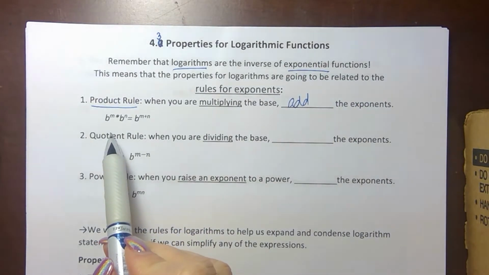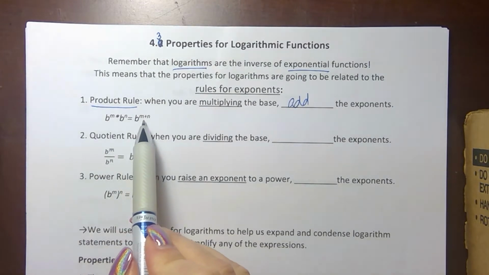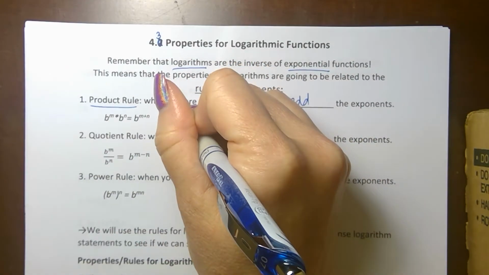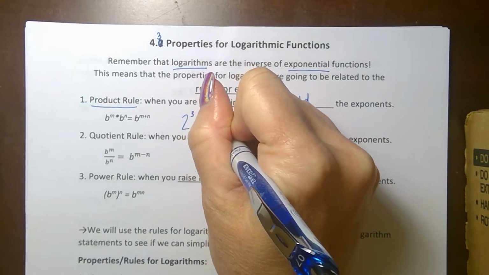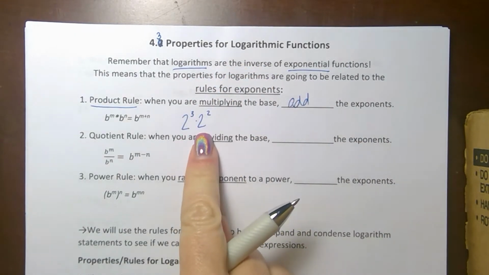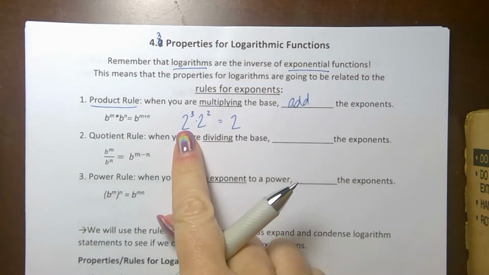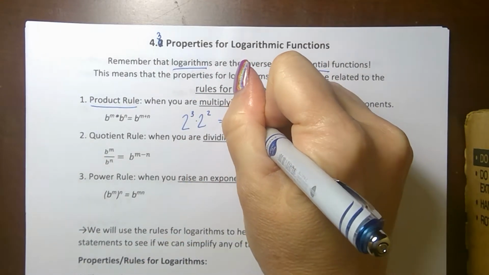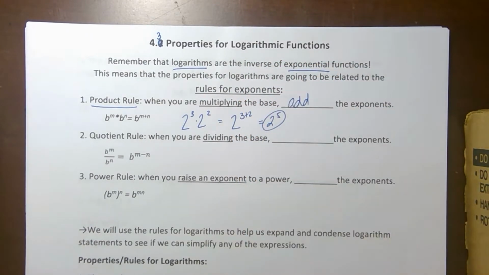For example, in general terms, b to the m times b to the n equals b to the m plus n. As an example, if I'm multiplying 2 cubed times 2 squared, I'm multiplying the bases, and the bases have an exponent. I rewrite that as 2 because the base is the same to the 3 plus 2 power, which is 2 to the 5th power.